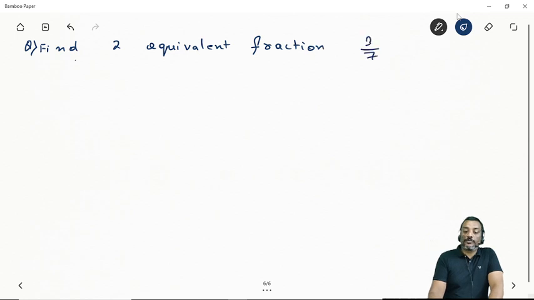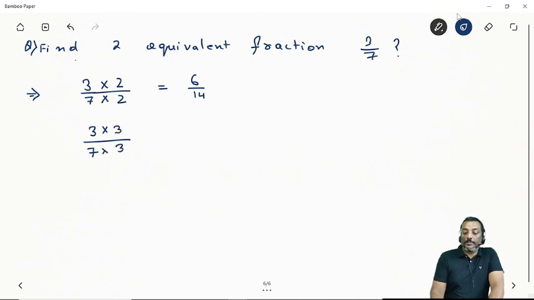This type of question they will give you. So how can you find them? Simply take 3 over 7 and first multiply numerator and denominator by the same number. Here I am taking 2. So what will you get? 6 over 14. So your first equivalent fraction is 6 over 14. Again, take 3 over 7 and multiply by 3, again a common number. So how much will you get? 9 over 21. So these two are equivalent fractions of 3 over 7.